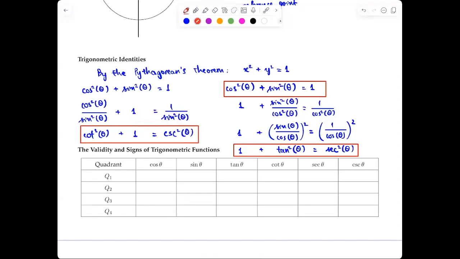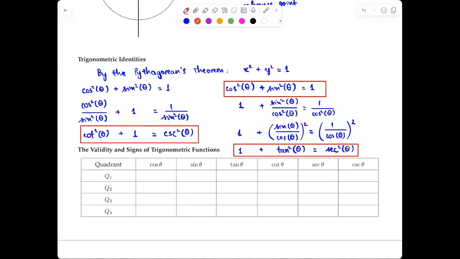Good. So hopefully you know where this identity is coming from. Again, it's from the equation of the unit circle or the Pythagorean theorem. Okay, and then you just swap x with cosine of theta and y with sine of theta. Now for the second identity, what you do is you divide both sides of this equation by cosine squared of theta, and then just manipulate the ratio to get to this identity.